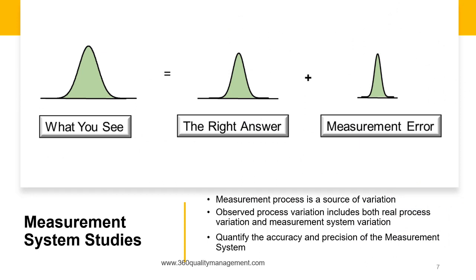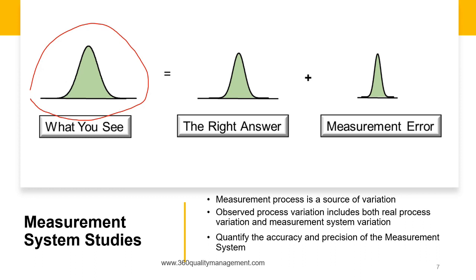We count, inspect, judge, and evaluate items, and all of these activities are measurements with their own systems, and observe process variations of what you see, the whole process of collecting the data.